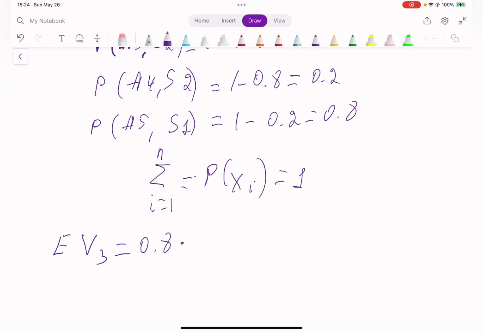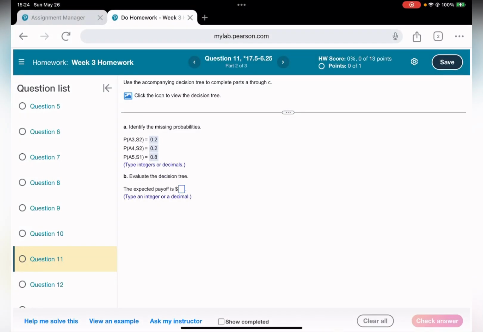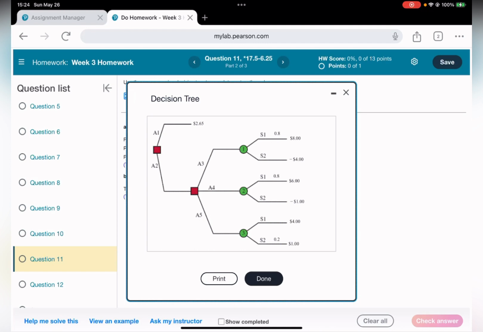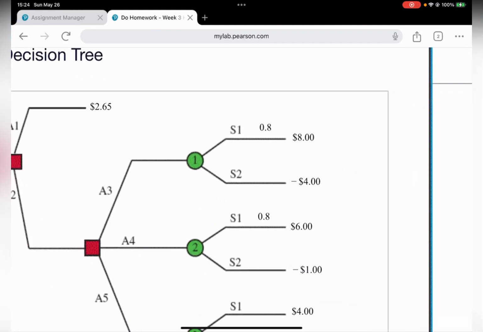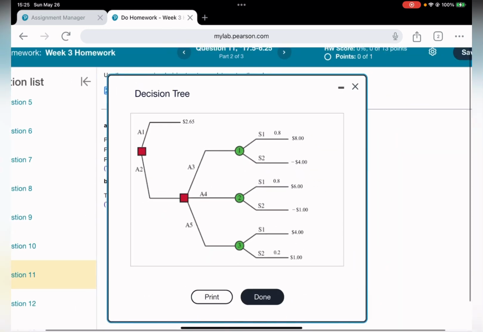Let me open this for you so you can see. Look, A3, I have S1 0.8 and the value is $8, so probability 0.8 multiplied by $8, and then plus S2 for A3, 0.2 multiplied by negative $4. Okay, that's what I'm going to do.